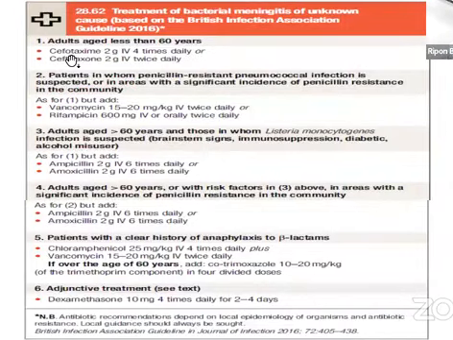This slide is taken from Davidson's Principles and Practice of Medicine, latest edition. They are giving the guideline for the treatment of bacterial meningitis of unknown cause. Say the clinician is dealing with a patient of meningitis, suspecting the patient is suffering from bacterial meningitis, and advises to get the CSF for culture sensitivity.